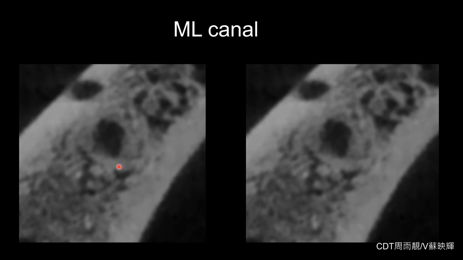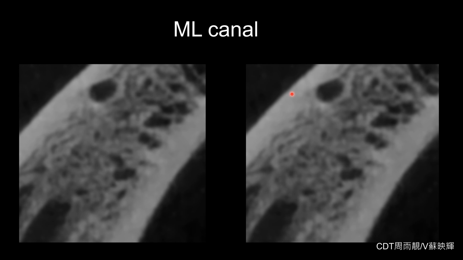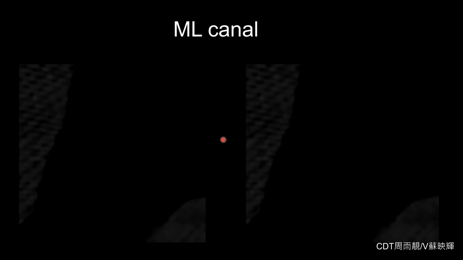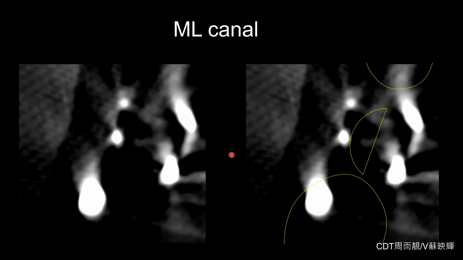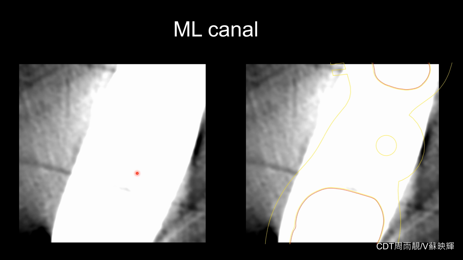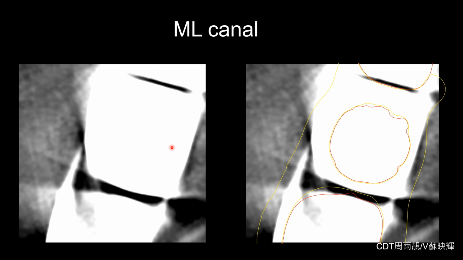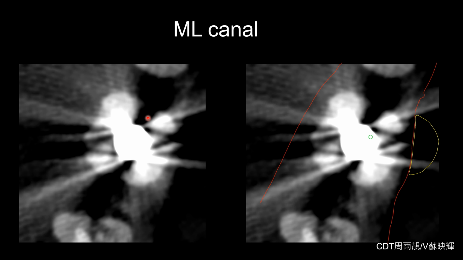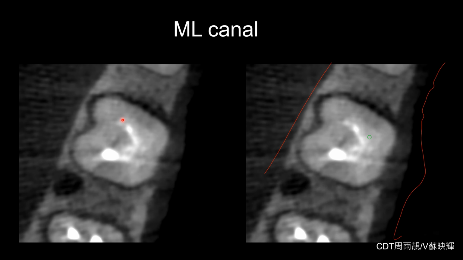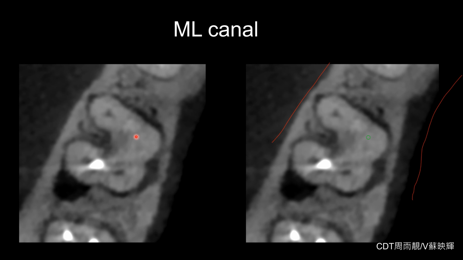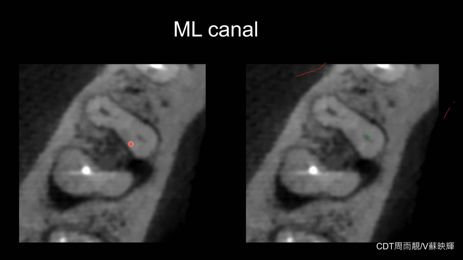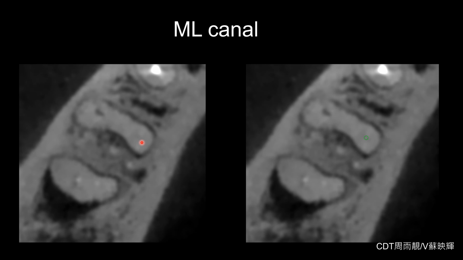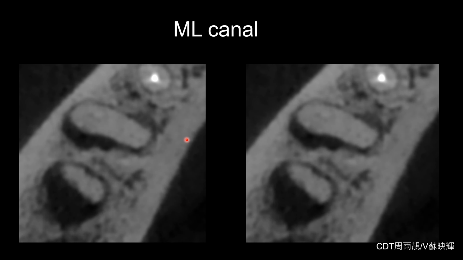On the left, we can see the crown, the mesial root and the distal root here. In the mesial root, you can see the obliteration right here.